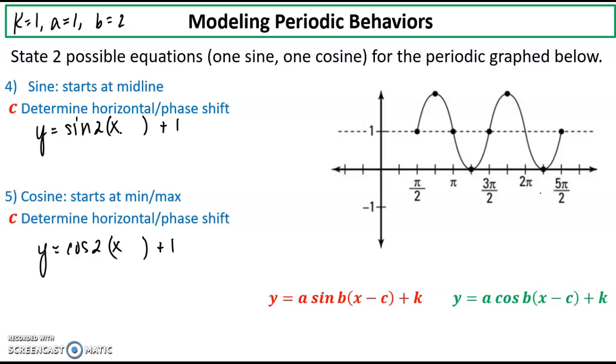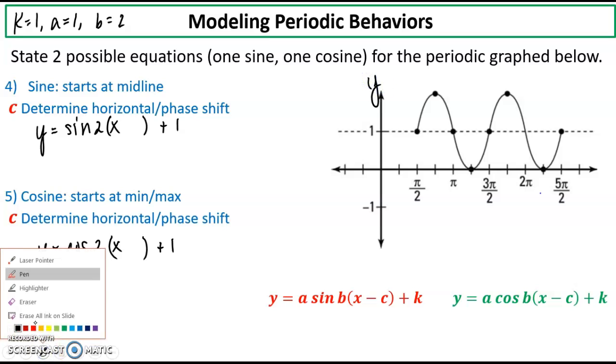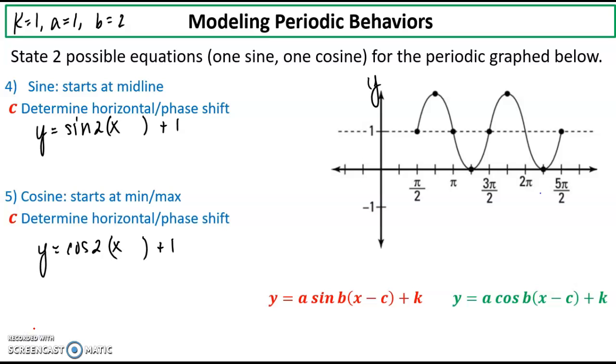Now I sort of cheated, but hopefully you're seeing from this graph, there's nothing on the y-axis. So I know a phase shift has to happen for both of them. For my sine function, it starts here on the y-axis. How far have I moved over? I've moved to the right pi over 2, and I've moved up 1.